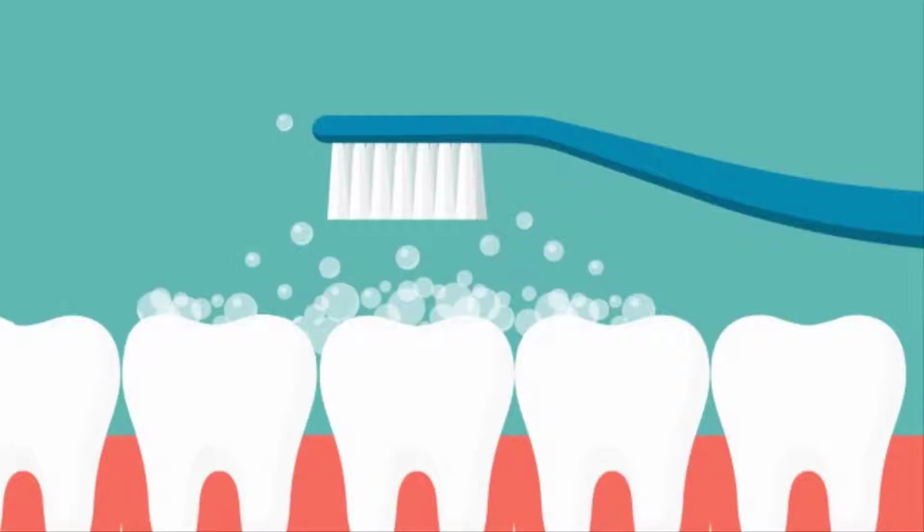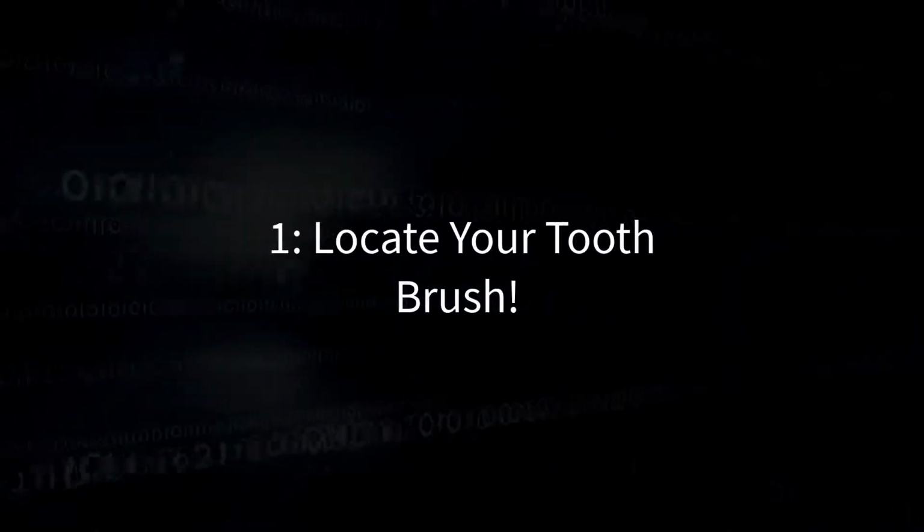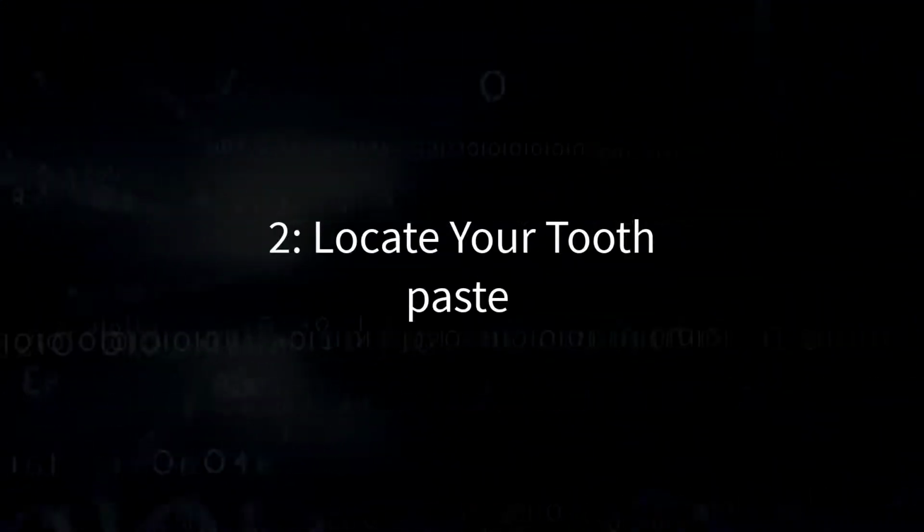Let's return to brushing your teeth, and let's be a little bit more specific. If you're writing an algorithm for brushing your teeth, the first instruction in that algorithm would be to locate your toothbrush. The next step could be to locate your toothpaste.